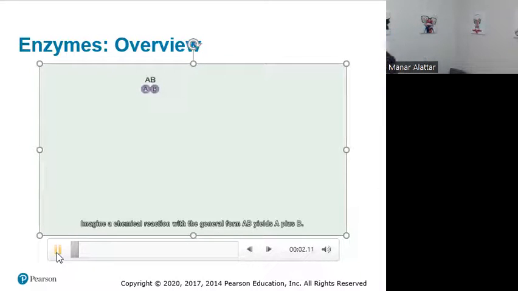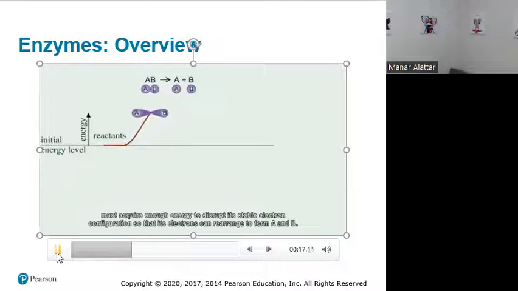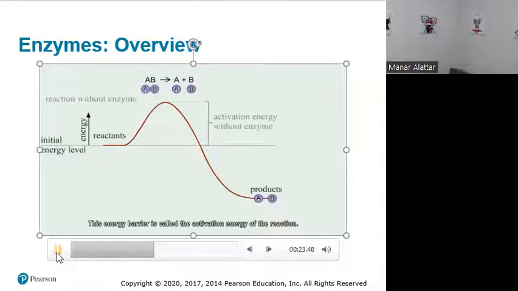Imagine a chemical reaction with the general form AB yields A plus B. In order for this reaction to occur, the reactant molecule, AB, must acquire enough energy to disrupt its stable electron configuration so that its electrons can rearrange to form A and B. This energy barrier is called the activation energy of the reaction.